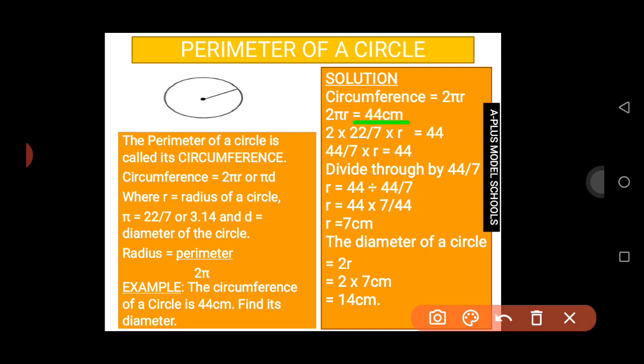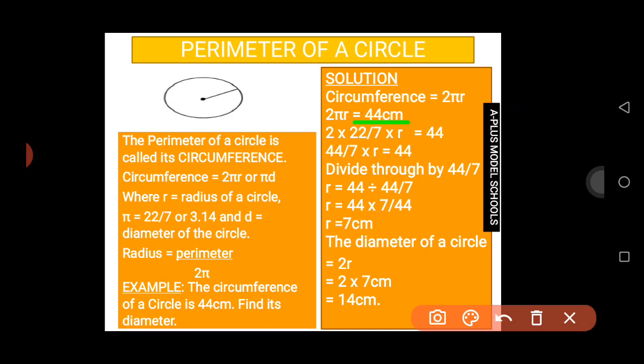Then 2 pi r: 2 times our pi. I told you that the value of our pi is 22 over 7, multiplied by our radius, which is unknown, is equal to 44. So then we have 2 times 22, that is 44, all over 7 times r.